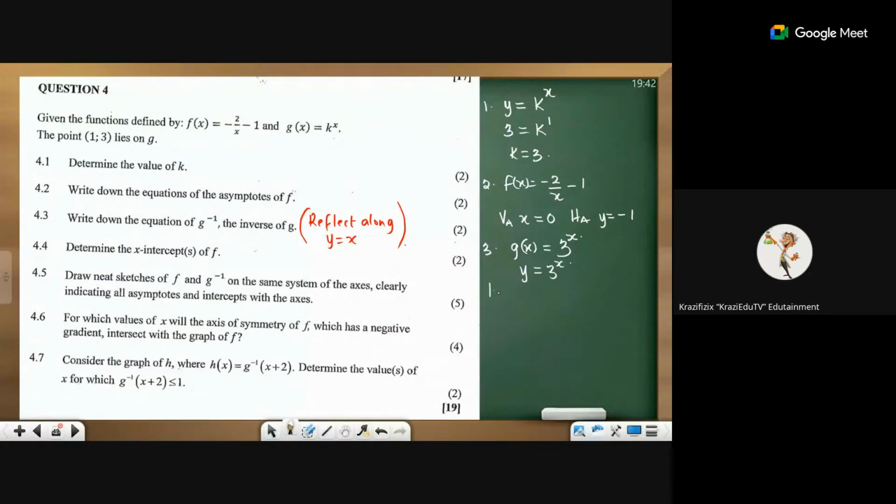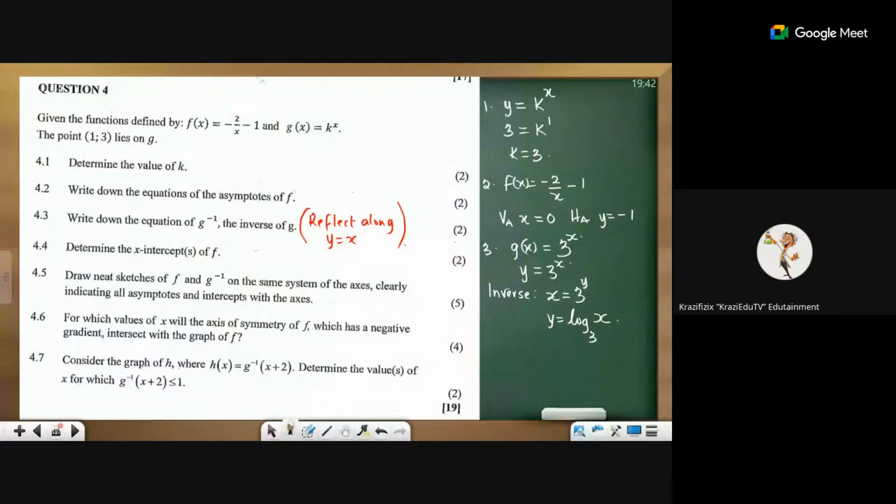Now let us inverse. Anywhere I see y, what should I write? x. x equals 3 to the power y. How do we solve for y? Log. So y is log base 3 of x. We are done there. How many marks? 2 marks.